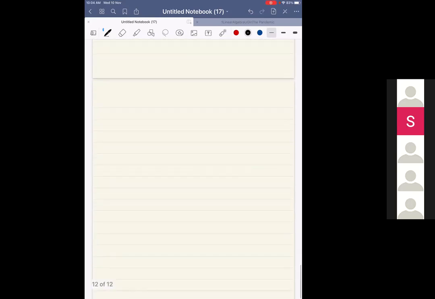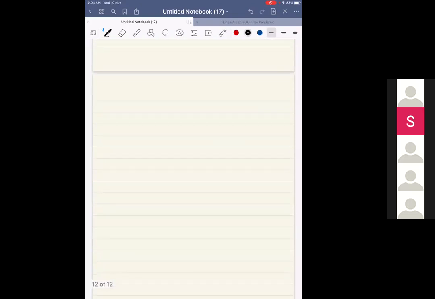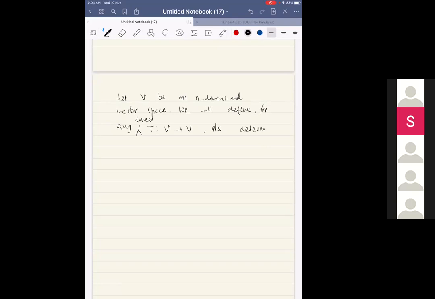So let V be an n-dimensional vector space, and T a linear map from V to V. Its determinant, det T, will have the following property.